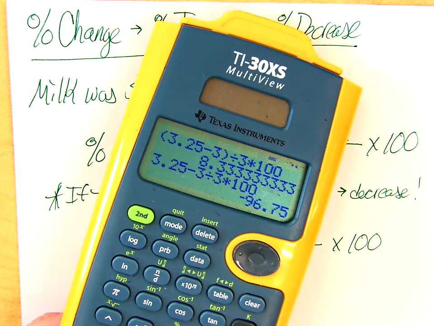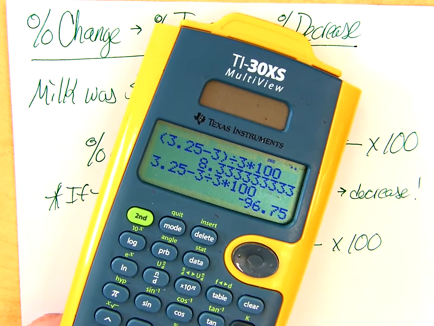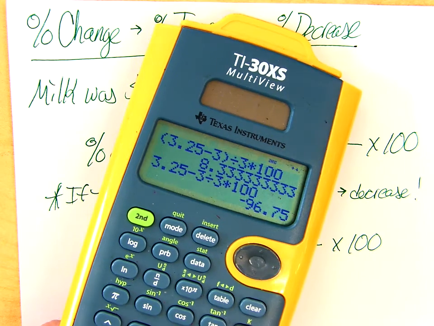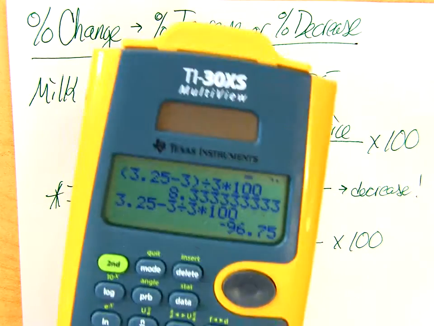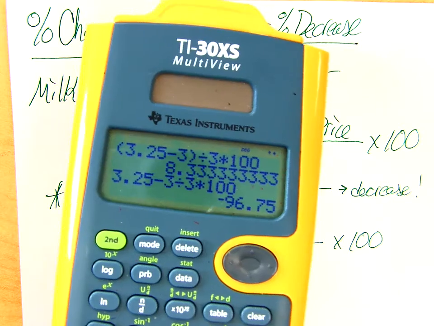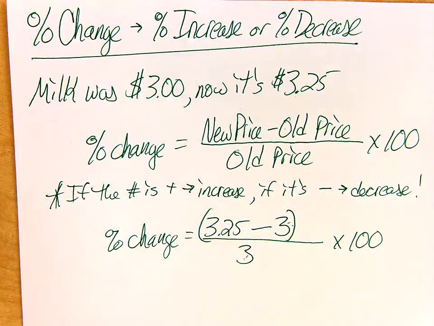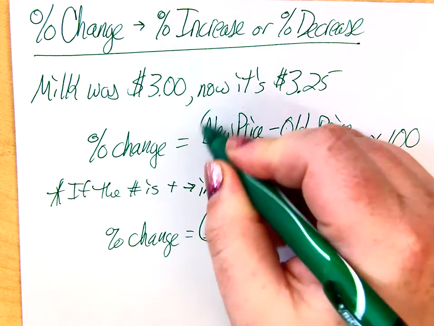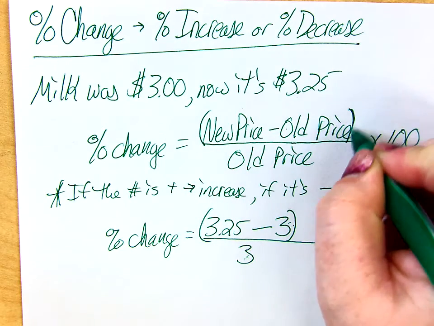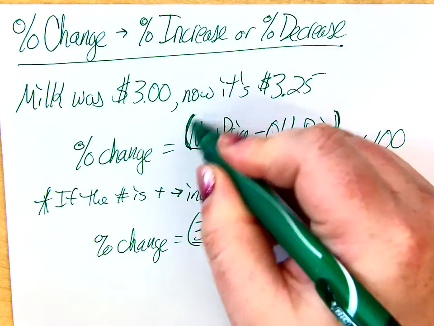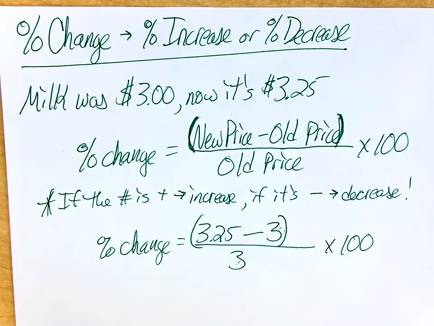Negative 96.75? That doesn't even make sense. So, do you see how important the parentheses are? Big deal, okay? So, maybe we should add it to your formula. Just put those parentheses in there so you don't forget them.